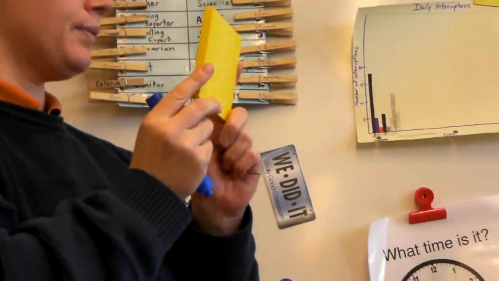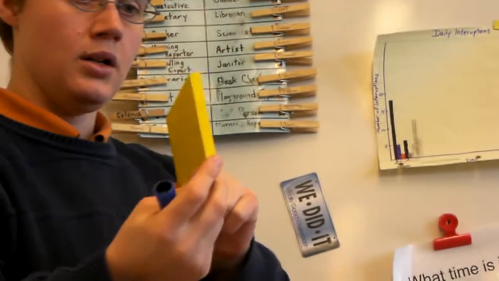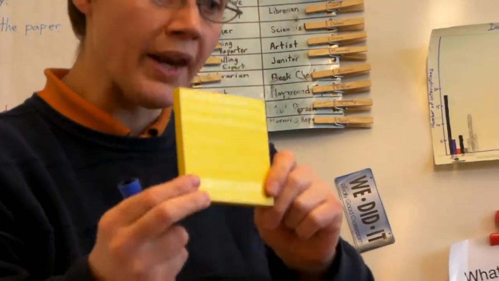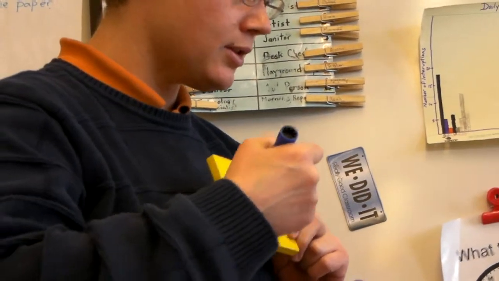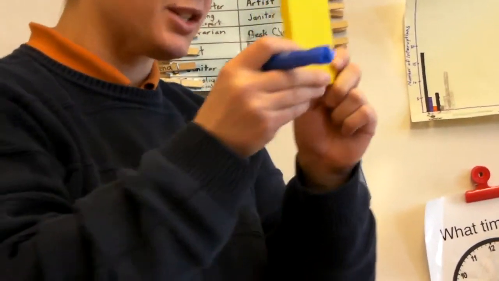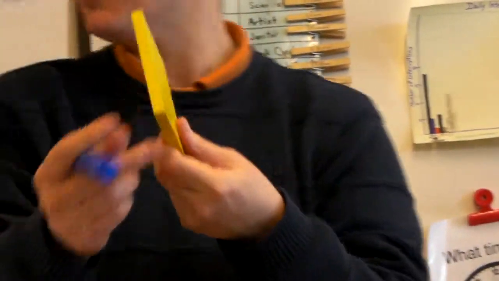Okay? I need you to imagine that this is 1. This piece here, I need you to think of as just one thing. And it's broken up into 100 parts. So this is now one thing. And this one thing is broken up into 100 pieces.